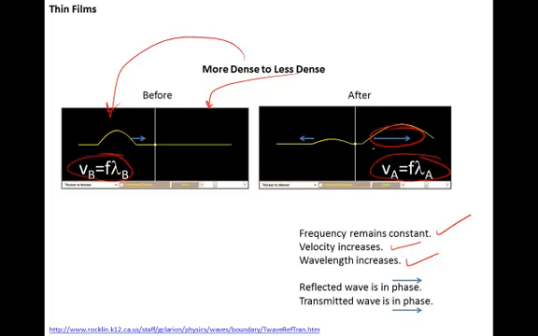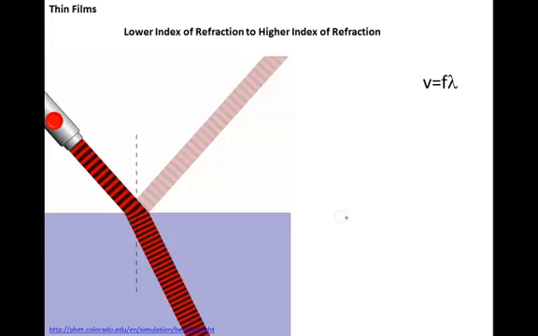The wavelength, notice the wavelength is now increasing. The reflected wave is in phase, in other words, it's in phase as compared to the original wave. They're both upright waves. And the transmitted wave is also an upright wave, so therefore it's also in phase.